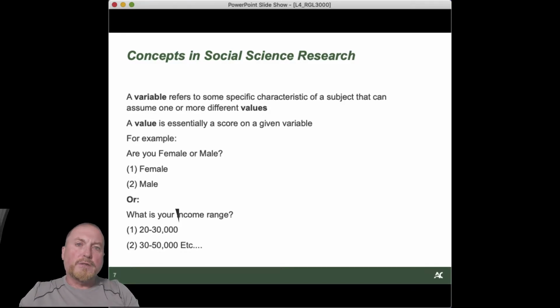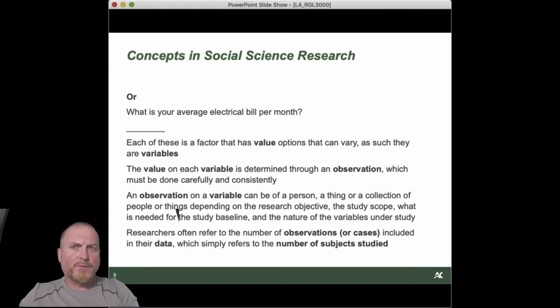Now that said, there are also different kinds of variables, right? And each kind of variable portrays a different level of information, a different detail of information. For example, when we're dealing with some variables, you're simply asking, is the respondent male or female, or you see them in your office, so you're checking obviously female or obviously male. Or you can be asking what is in the income range, and people will have different values on the income range, and so on and so forth, right? And so each of them has an option for variable values on that factor, and that's why we call them variables, right?